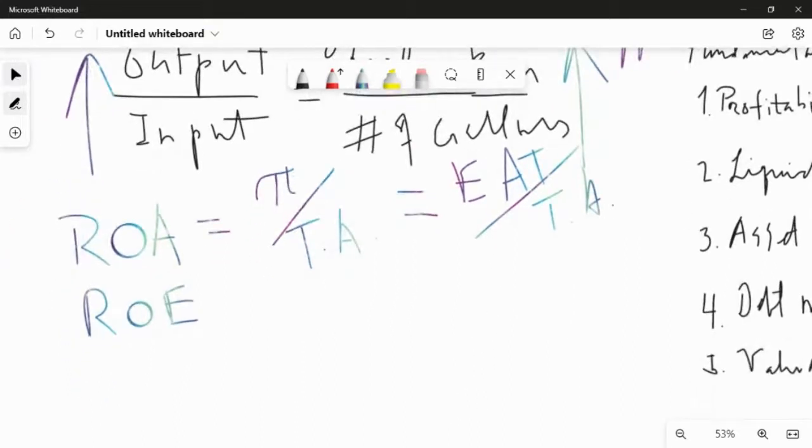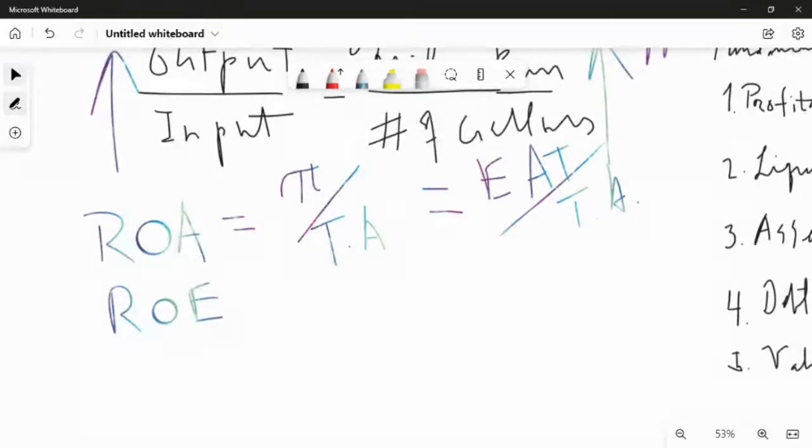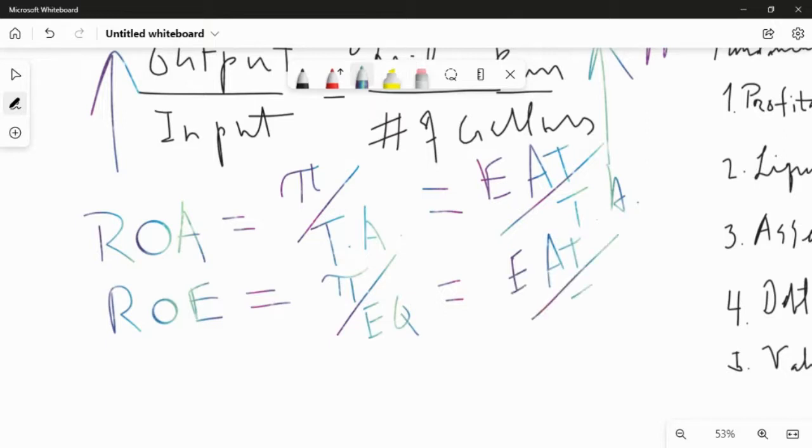Also for ROE, it is net profit over equity, EAT over equity.